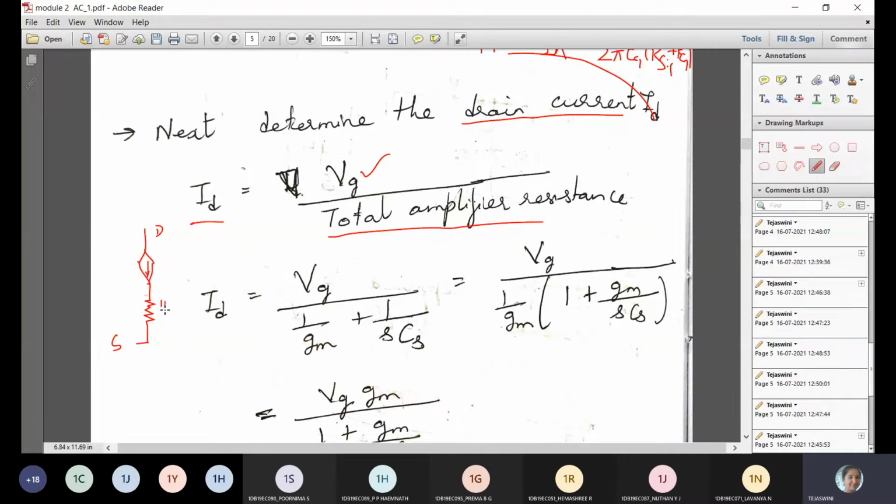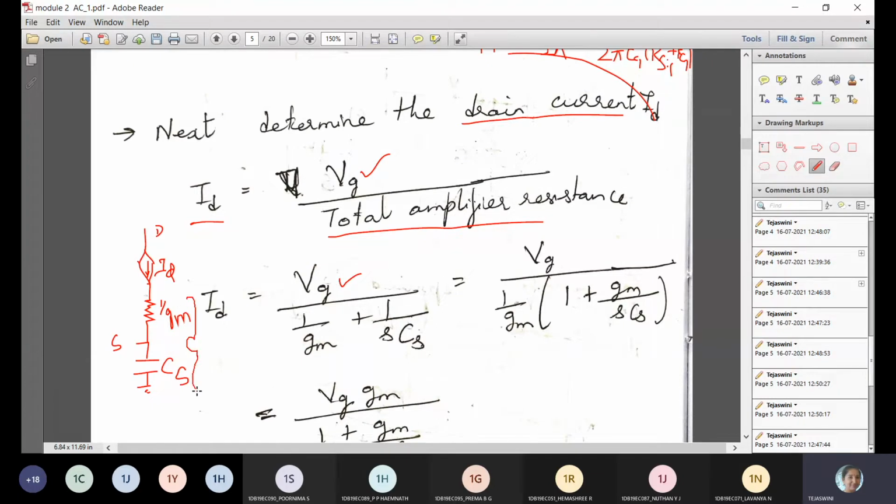So what is the resistance in the T model? 1 by Gm. So at the source, according to our circuit, we have a capacitance Cs. Now this is the ID. So ID is equal to Vg by total amplifier resistance.